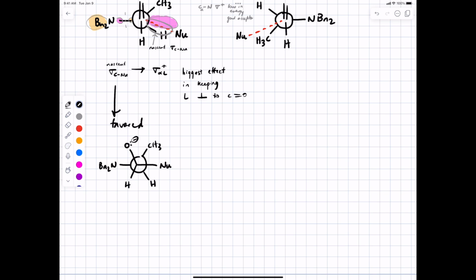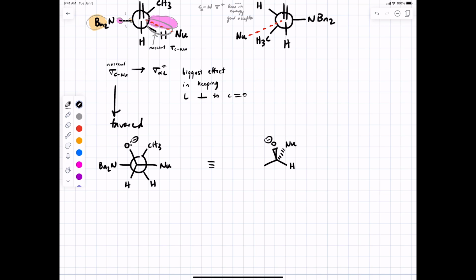And let's see, we could actually draw what that is after. In this case, we don't actually need to worry about what the nucleophile is. Oxygen is here, nucleophile is here.